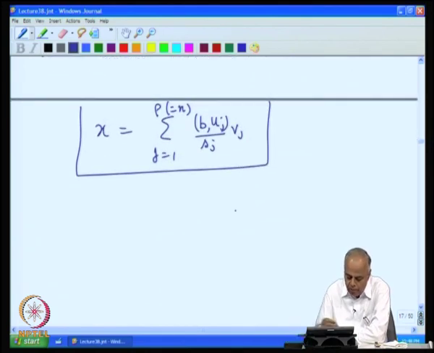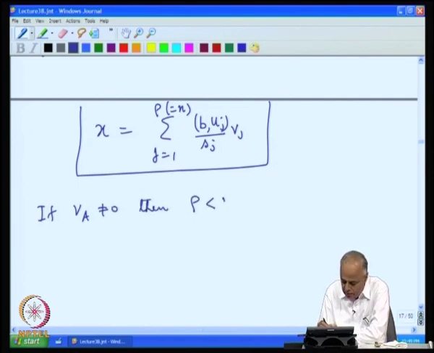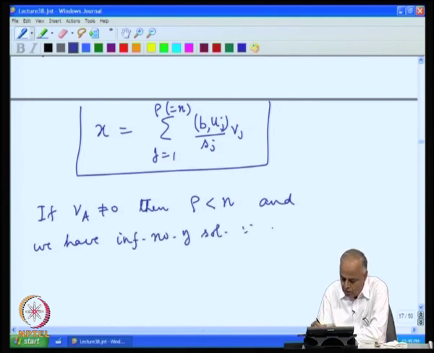If the nullity of A is not equal to 0, then rho is less than n, and we have infinite number of solutions, because beta 1, beta 2, ..., beta nu a can be chosen arbitrarily.